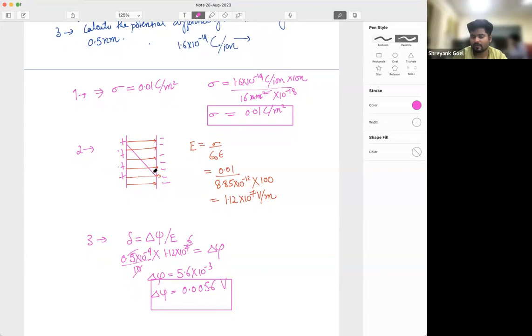Maybe you are getting confused with the language. Here are the two surfaces: if one is plus sigma, then the other is minus sigma.